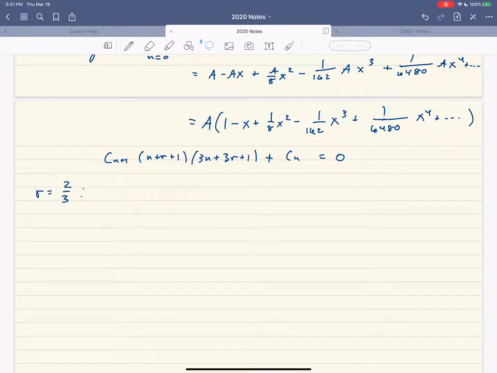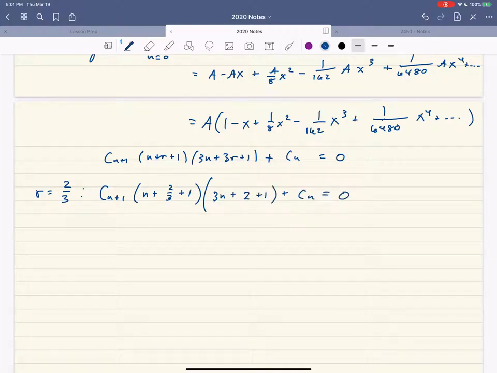So if I plug in r as 2/3, we're going to end up with c sub n plus 1 times the quantity n plus 2/3 plus 1 times the quantity 3n plus 3r, which is 2, plus 1, plus c sub n equals 0. This just happens to work out nicely: if I have c sub n plus 1, this is n plus 5/3, but then this is 3n plus 3.